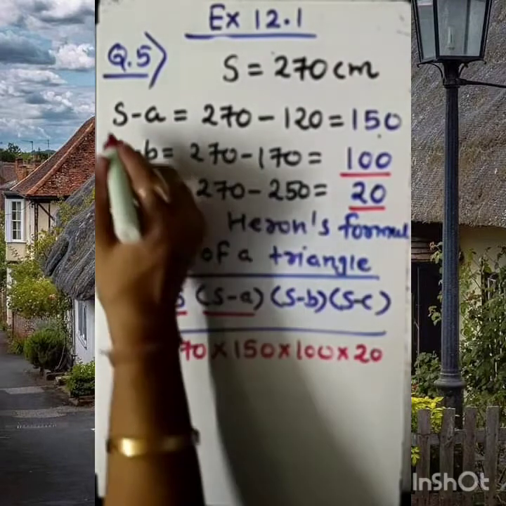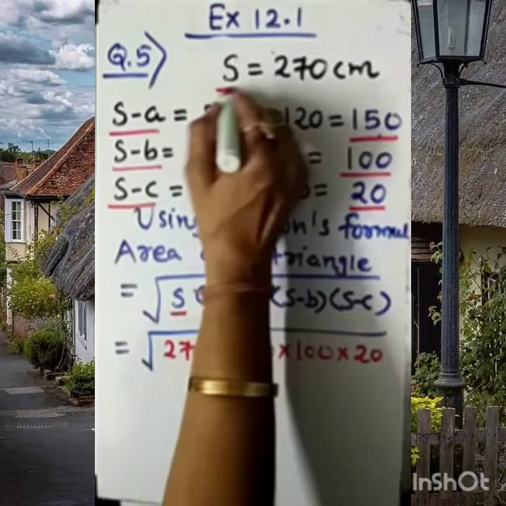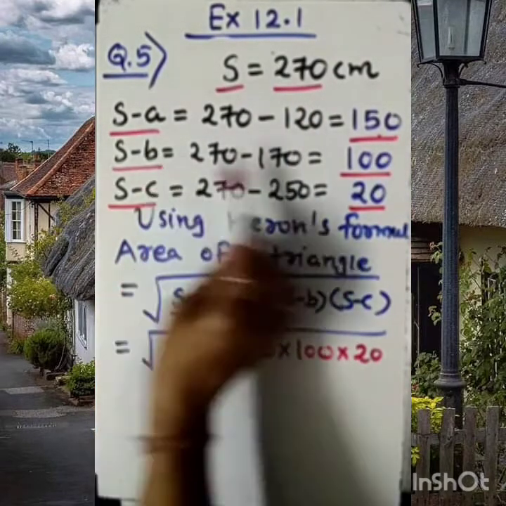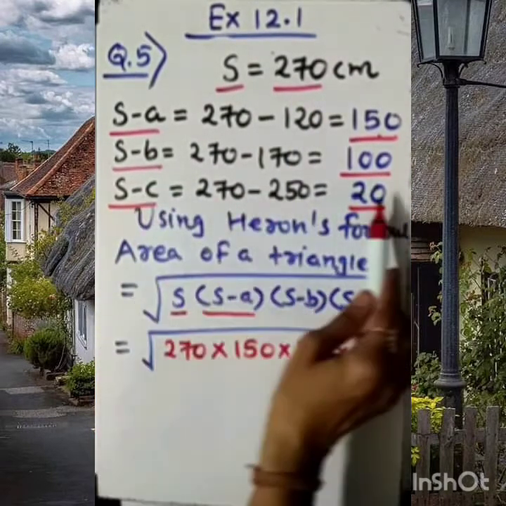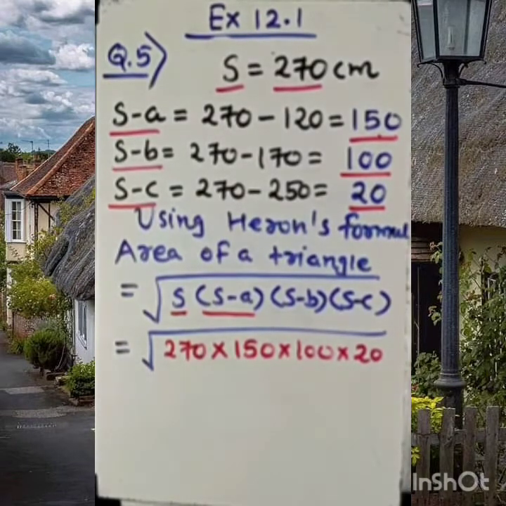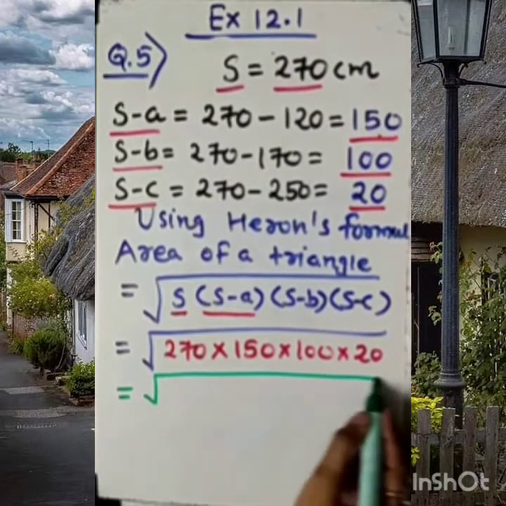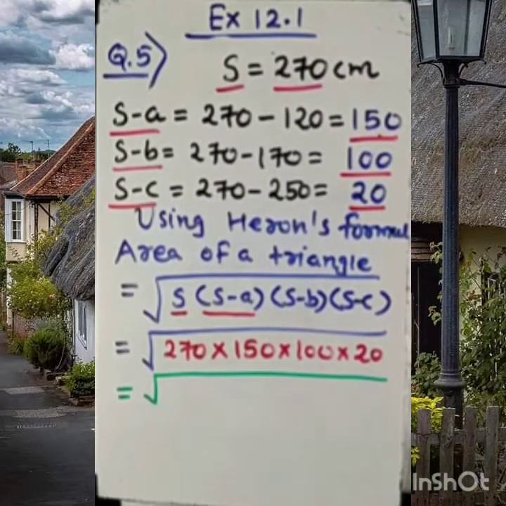So these all three values, S 270, S minus A 150, S minus B 100, and S minus C 20, I have mentioned here. Now, how to find the square root of all this big number? As I taught you, instead of multiplying, better you split it. That will be easy and the shortest way.